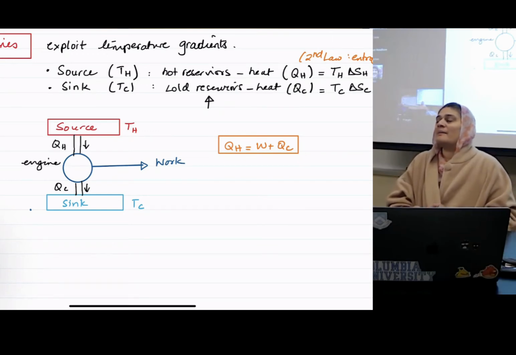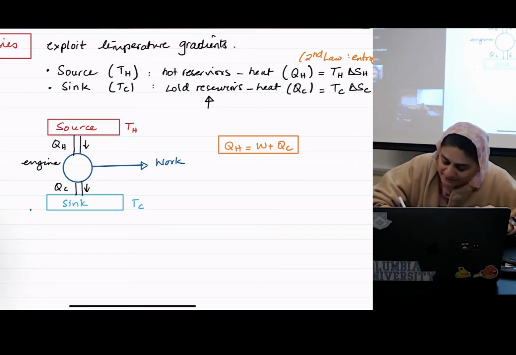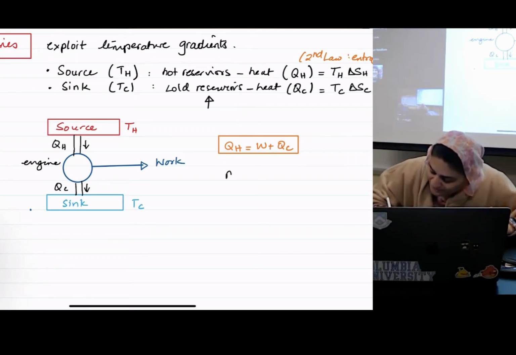But what do we all worry about? Fuel consumption? That is called efficiency in thermodynamics. How much useful work can I get from my input? And there's a symbol that we use. It's called eta. All that means is efficiency.